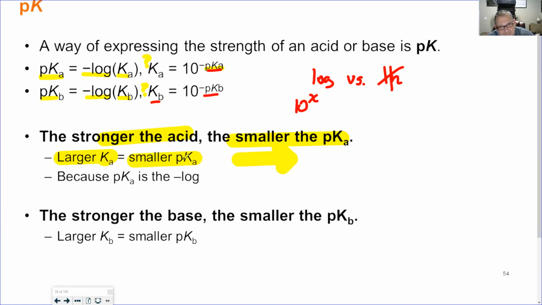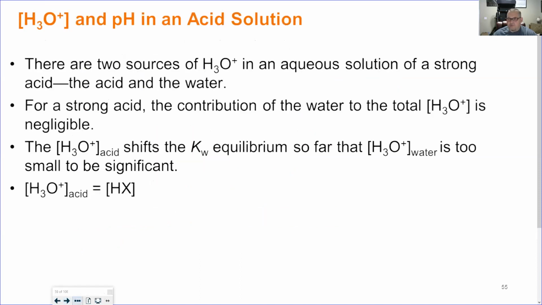And the reason that it's smaller for the pKa is that it's a negative function. So it's a negative log that we're taking when we take the P function. And for a base, it's just the reverse. The stronger the base, the smaller the pKb is in the system. So the larger the Kb, the smaller the pKb is going to be in a problem. And some of those we're just going to have to learn by doing examples with them.